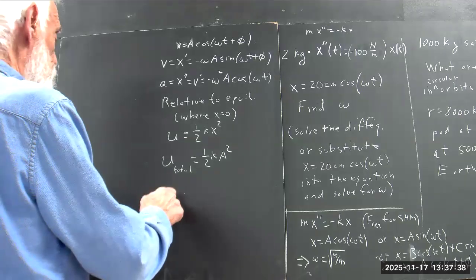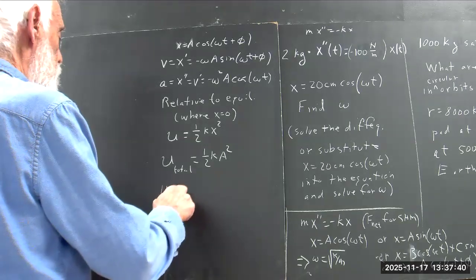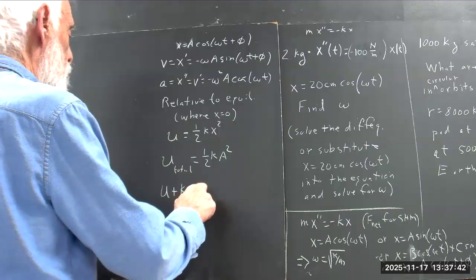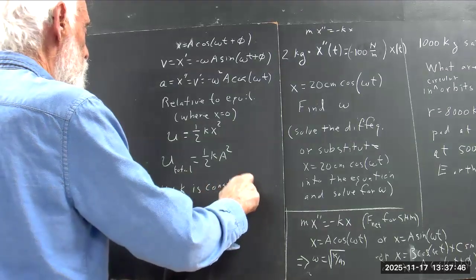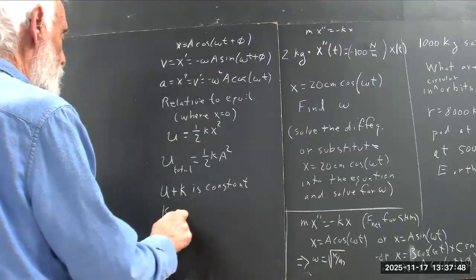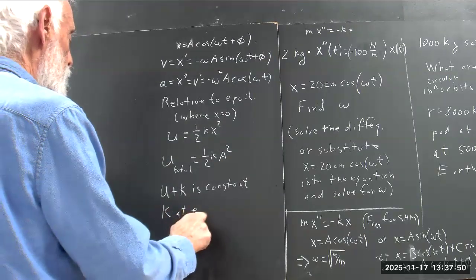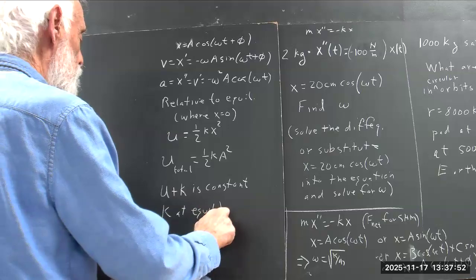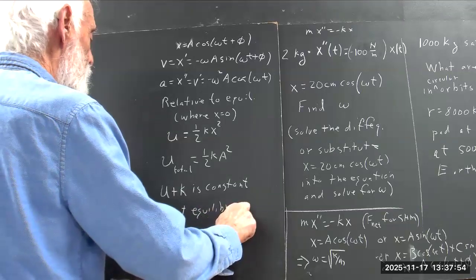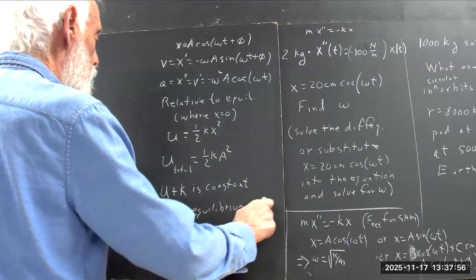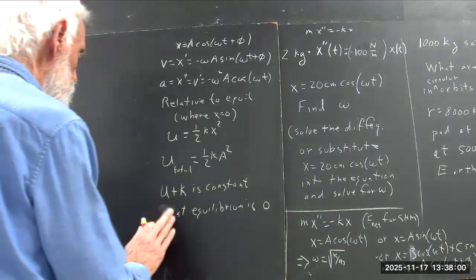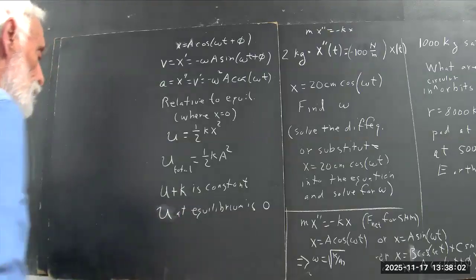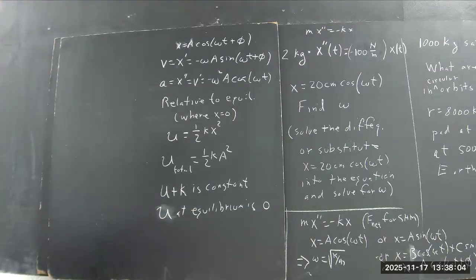So your kinetic energy: well, your potential energy at equilibrium is 0.